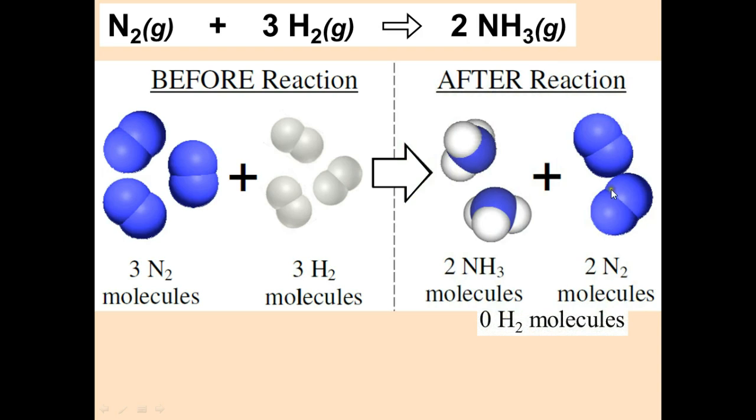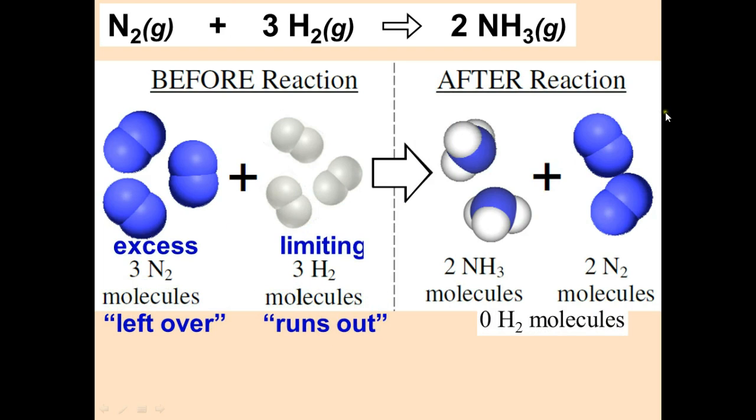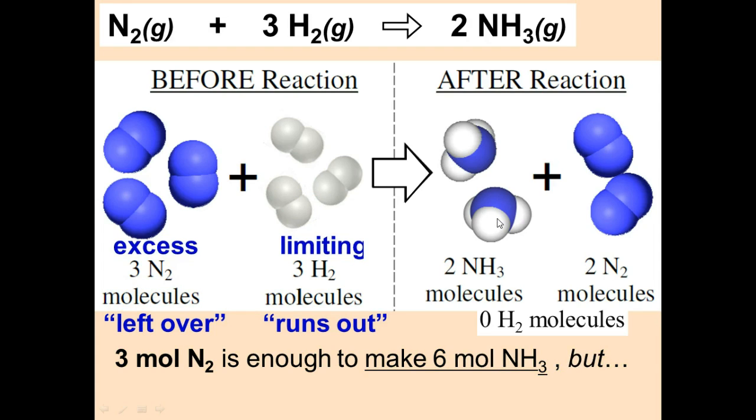We have 2 of these molecules left over. In this case, the nitrogen is the excess or leftover reactant, because we still have some nitrogen left that can still be used. The hydrogen is limiting because it runs out and limits this whole reaction. So we just talked about how limiting reactants work. This limiting reactant limits the whole reaction.